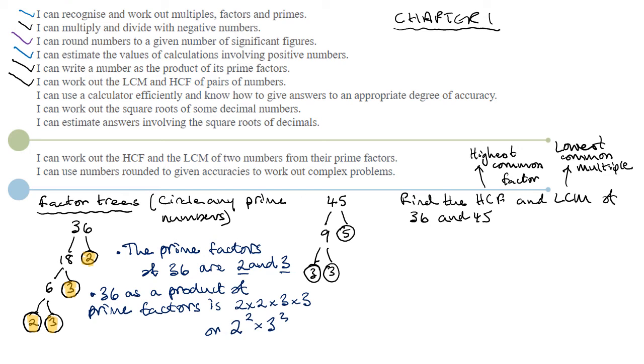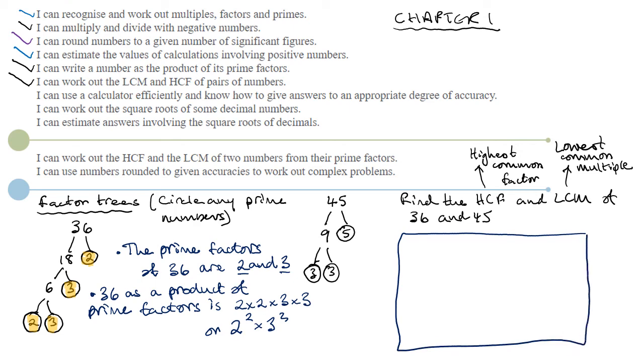Then the next thing that I would do is to put all of that information from the factor trees into a Venn diagram. So let me show you how that works. For a Venn diagram, we're going to have a box like this. We are going to draw two overlapping circles like this.